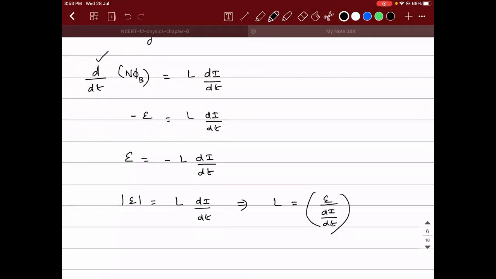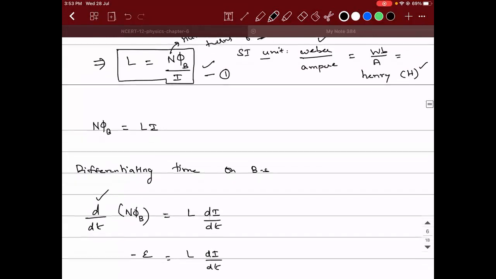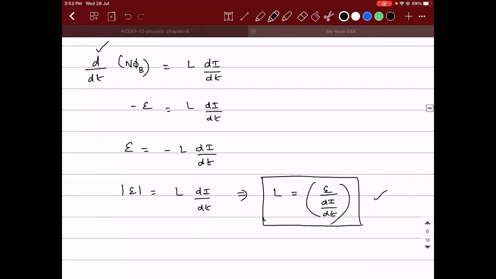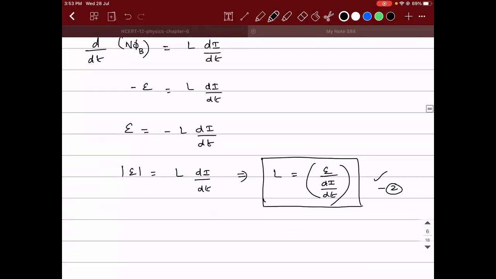Now, this is an alternate definition, alternate mathematical expression. Suppose in a problem, they have given you EMF and the rate of change of current, then you need to use this formula. Or sometimes if they've given you flux and current, then you have to use the first formula. So both are going to represent the same physical quantity called inductance. Okay. Now, what is going to be the SI unit of it?